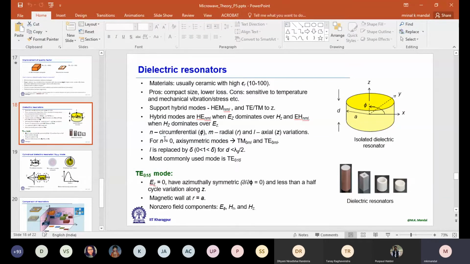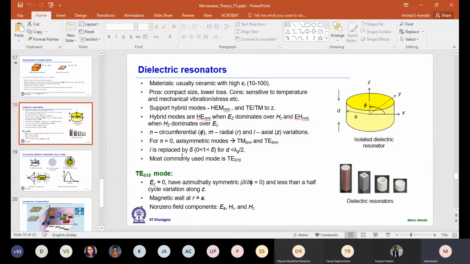N represents the variation along its periphery, the circumferential variation, or phi variation. M is the variation along its radius, and L is the variation along its height, Z. So phi variation, R variation, and Z variation in the cylindrical coordinate system.